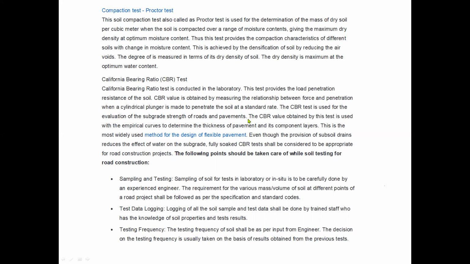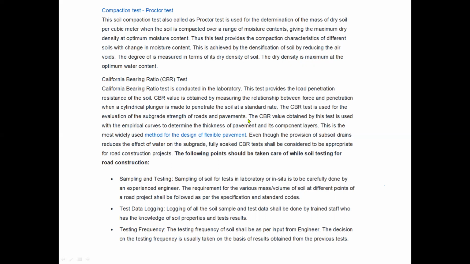California bearing ratio test is conducted in the laboratory. This test provides the load penetration resistance of the soil, and it is obtained by measuring the relationship between force and penetration when a cylindrical plunger is made to penetrate the soil at a standard rate. It is used for the evaluation of the subgrade strength of roads and pavements.